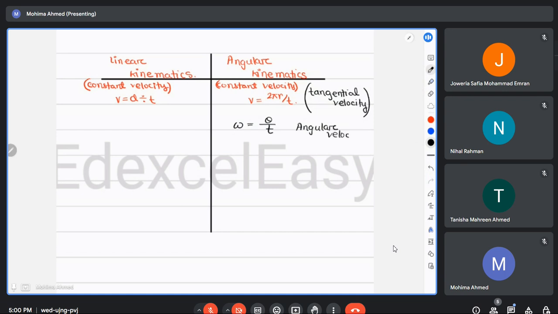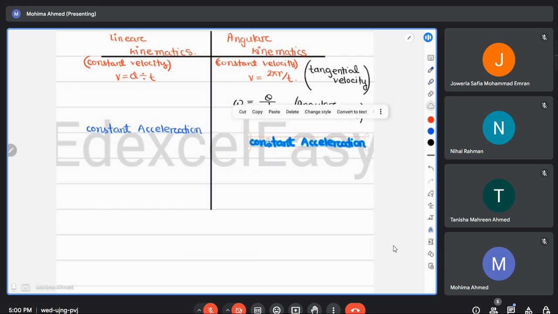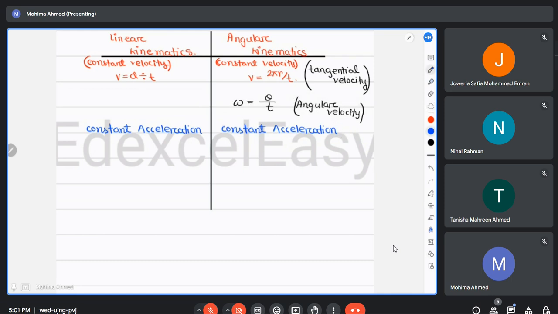I'll explain again in detail how we are getting this, but I'm just writing all the lists so you can identify that these equations are derived in terms of theta, in terms of pi, in the angular situation. For example, for constant acceleration, you would have used the equation a equals v minus u divided by t, right? That was the equation that you would have used for constant acceleration.